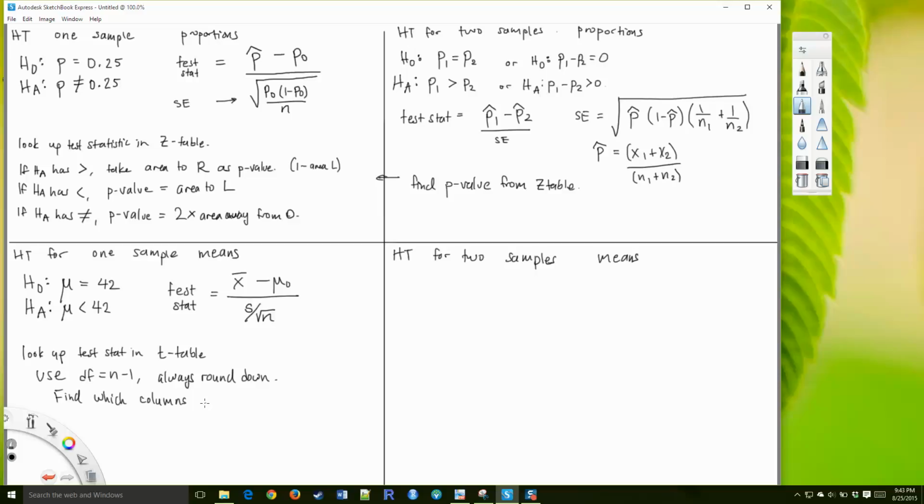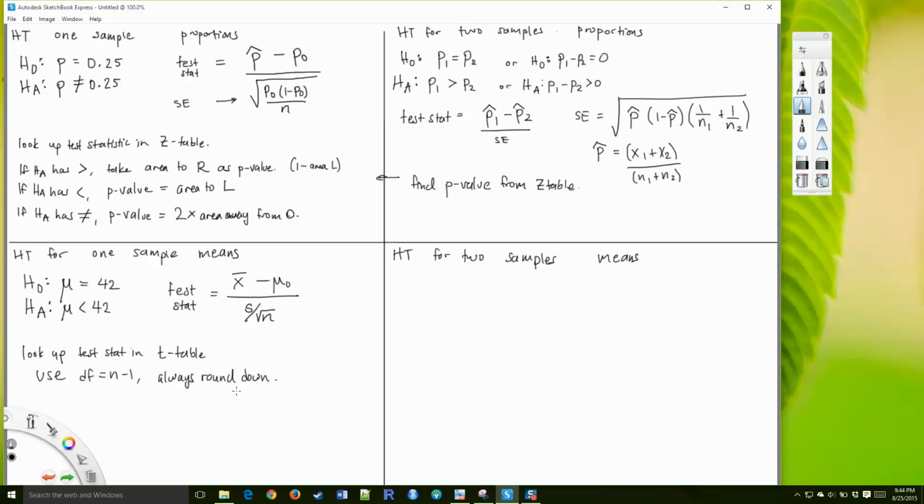Is it always between columns? Or not necessarily. I don't know how to summarize using the t-table in one sentence here, but you guys know how to use the t-table, right? We covered that last week. So I think I'll just leave it like this.